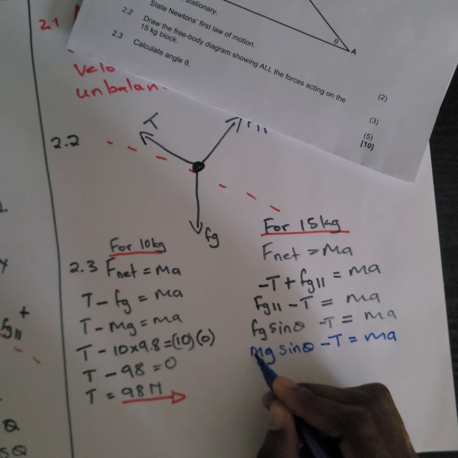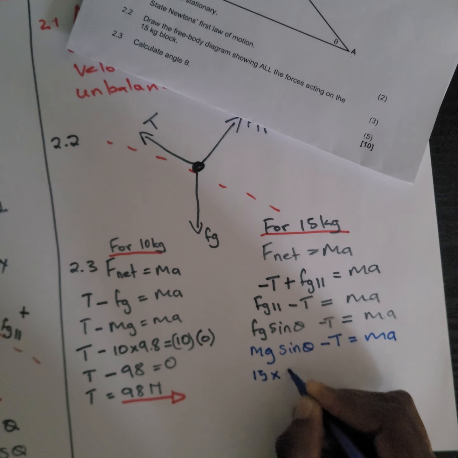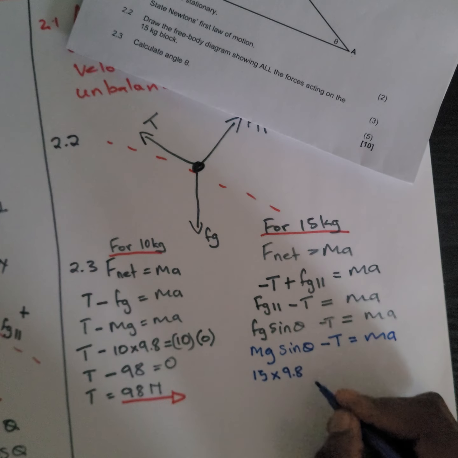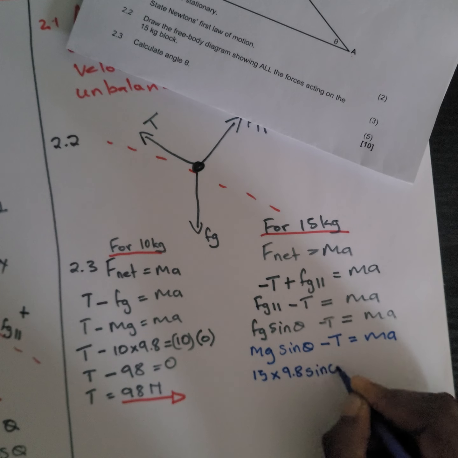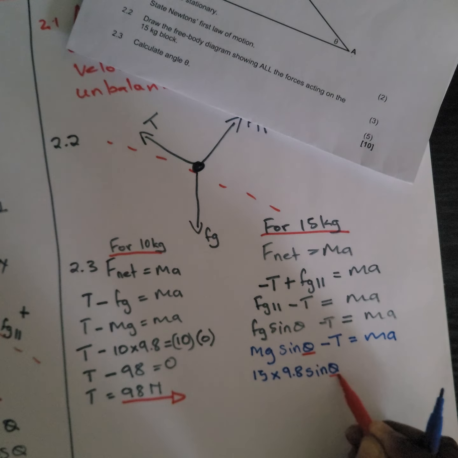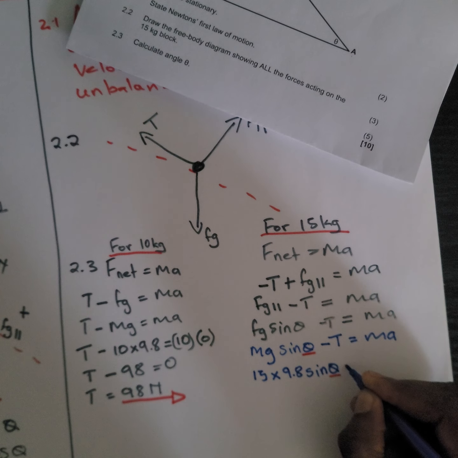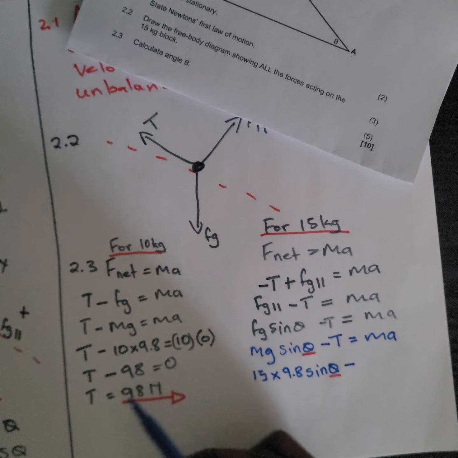What is my mg? I know my m is 15 multiplied by 9,8 sine of theta there. Ladies and gentlemen, this theta here is the one that I'm looking for. So it's going to be minus the tension. Tension, we said it's 98.